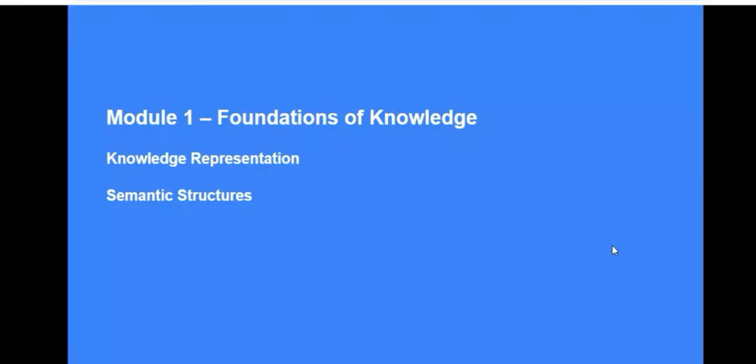So in module 1, we are going to cover the foundation of knowledge, that is knowledge representation. Knowledge representation, in short form known as KR, focuses on expressing information in a form that enables machines to reason about it. It provides the foundation for intelligent systems by transforming human understanding into structured models. Declarative knowledge represents facts and observations, and describes what is true about the world.